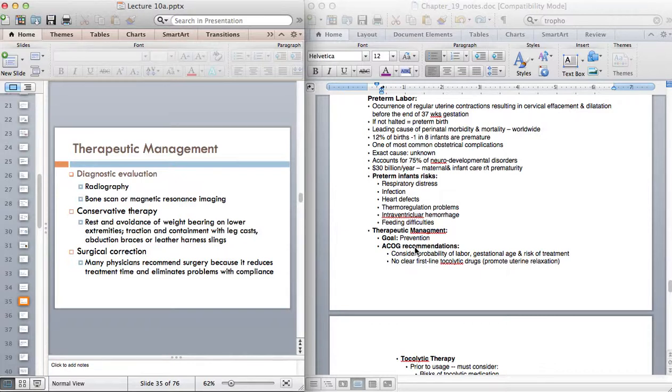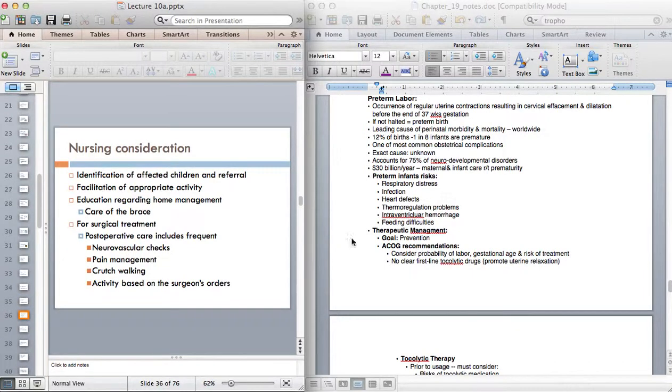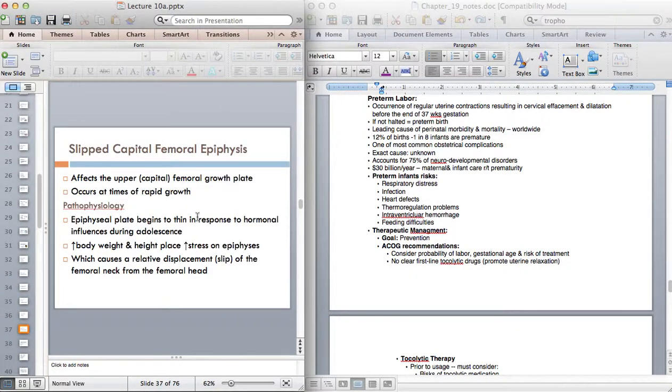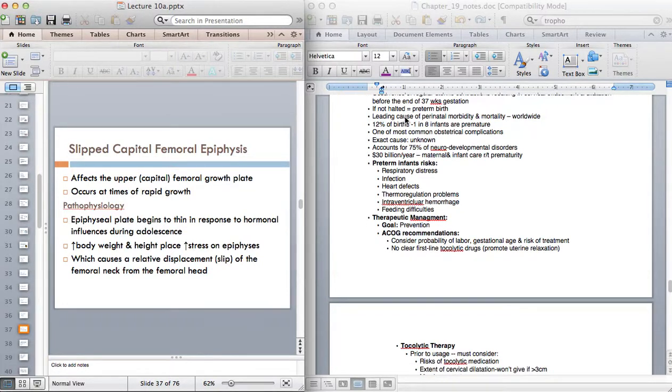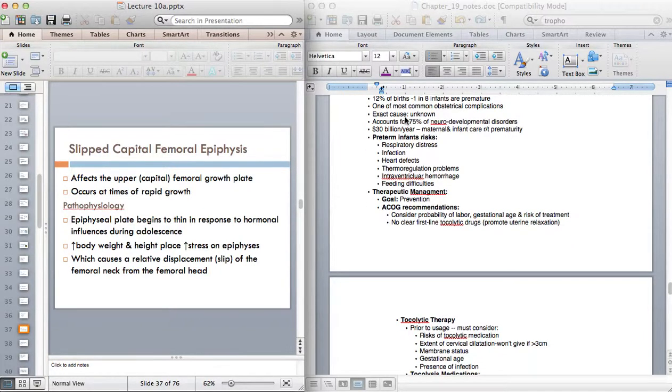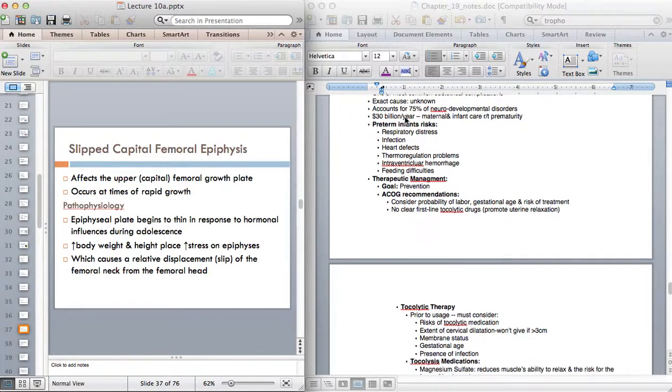Another condition that really mimics this particular Legg-Calvé-Perthes disease is slipped capital femoral epiphysis. For some reason here, the epiphyseal plate on top of the femoral bone will just slip off.